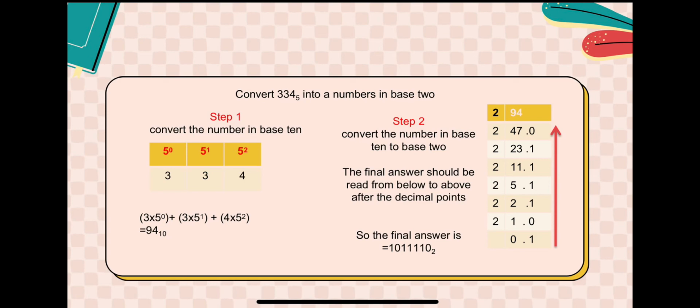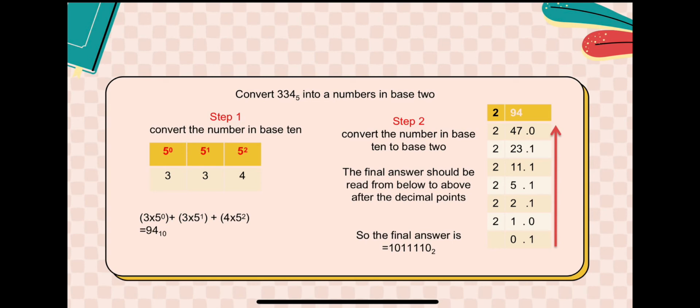Basically, in base 2 we will get the answer with just 1 and 0, just two digits. So just divide as you basically know, and list them like this, taking the remainders.